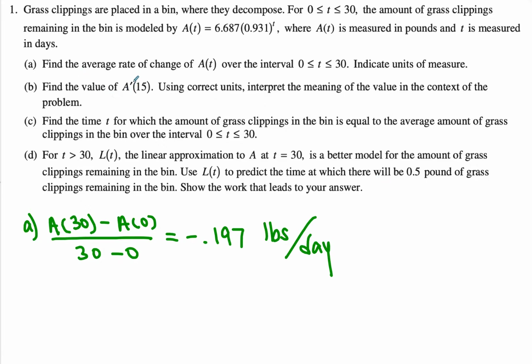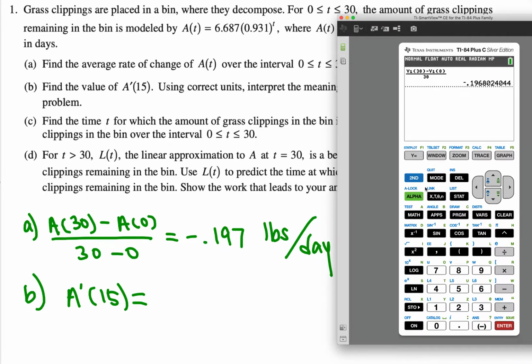Now part B: find the value of A prime of 15, using the calculator. So what I'm going to do is math, and then number 8, the derivative, of y sub 1 with respect to x, when x is equal to 15.